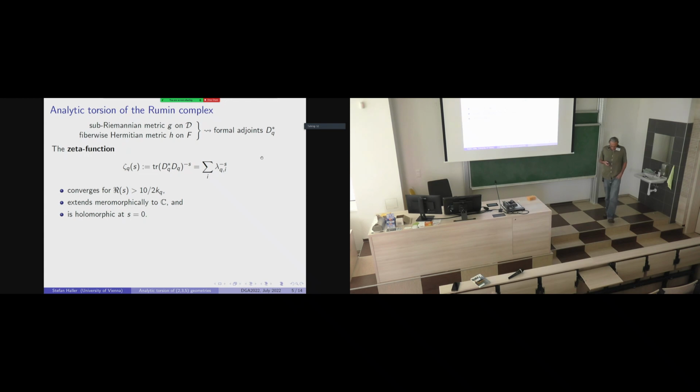And then we would like to look at the zeta function associated with these Rumin differentials. So we take the operator d star d, raise it to the power minus s, and take the trace, and hope for the best.